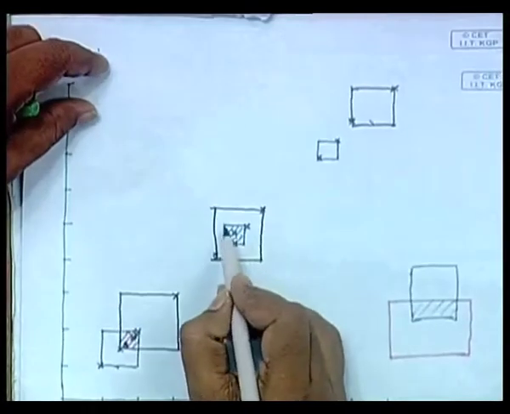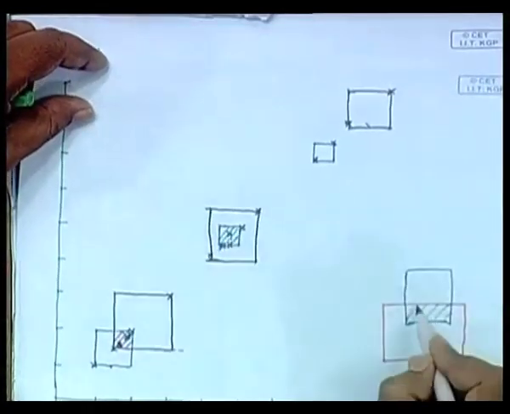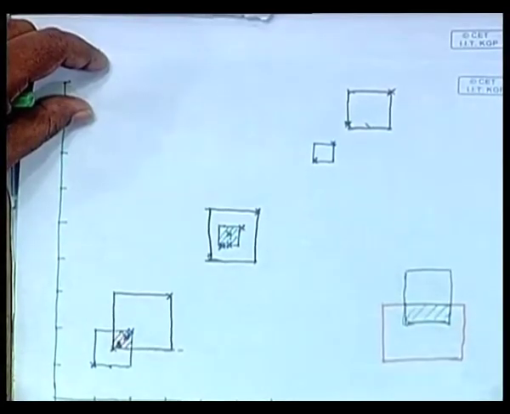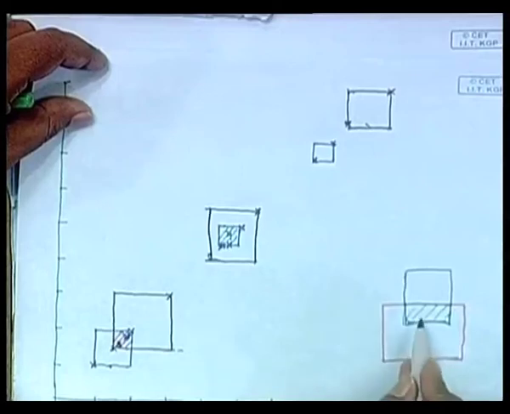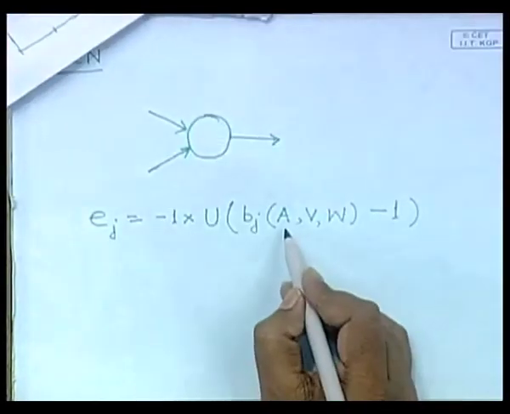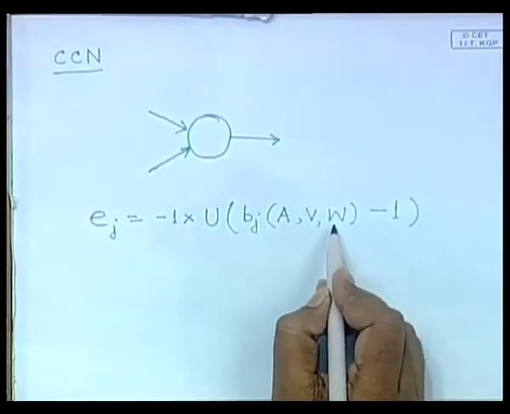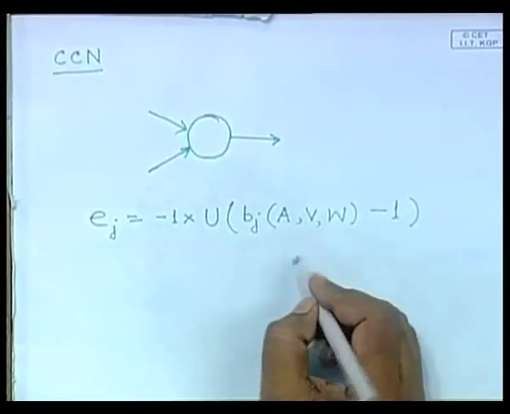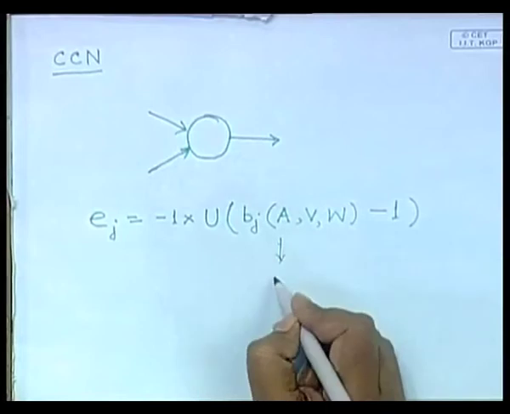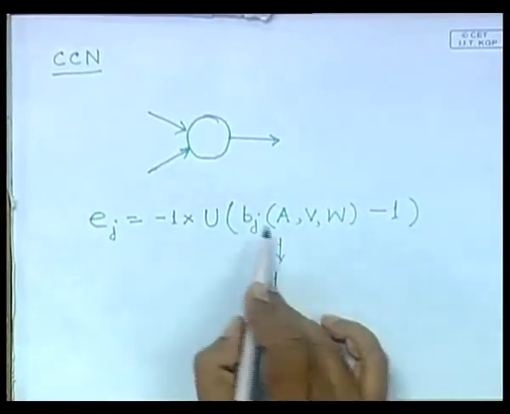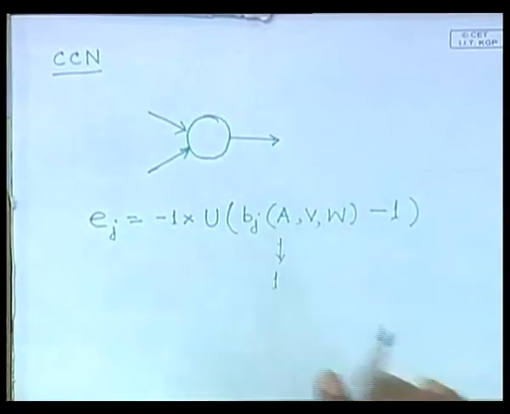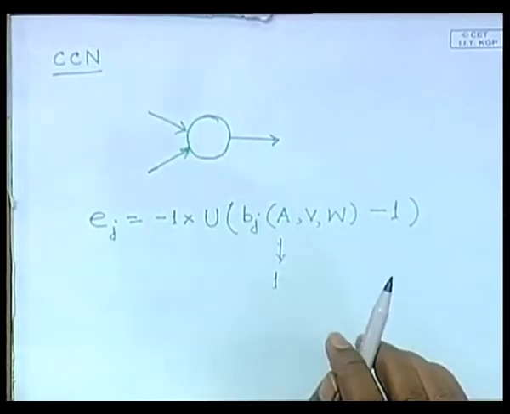That is, either it is the min point or max point of this, or it is the min point and max point of this in case of partial containment. Okay. So, again as before, if the point A falls within that contained region, in that case B j(A, V, W) as before will be equal to 1, and this quantity B j(A, V, W) minus 1 will be equal to 0, right.